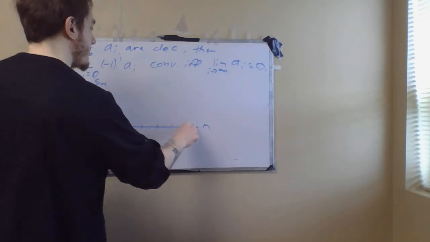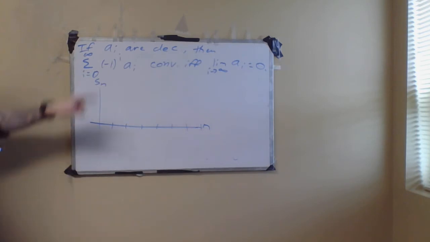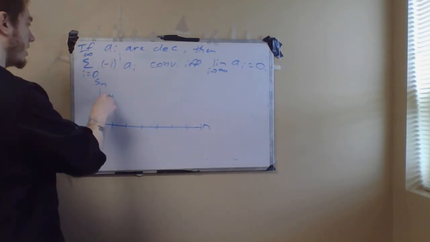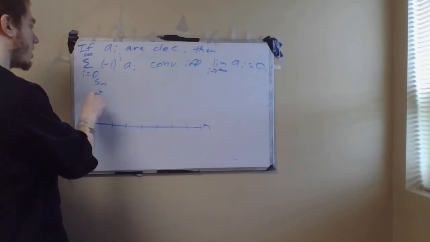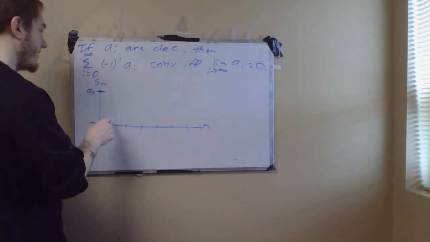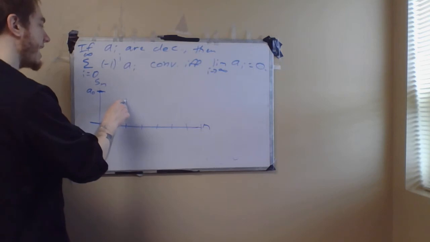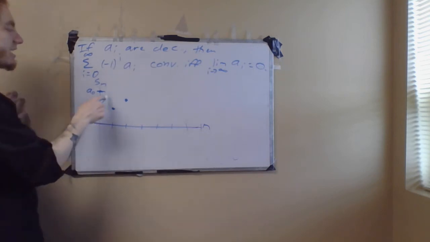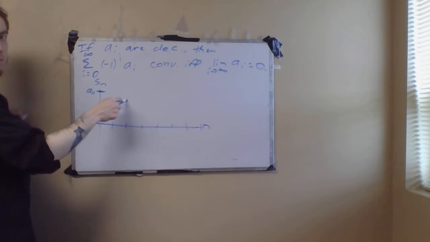Now what's going to happen with these partial sums, if this is an alternating series that is decreasing, is this. We start off at A0, and then we subtract A1, but we then add A2. When we subtract A1, we go down, but then we come back up with A2.